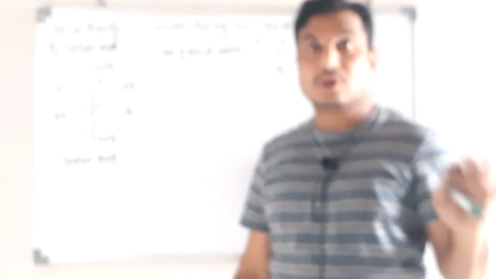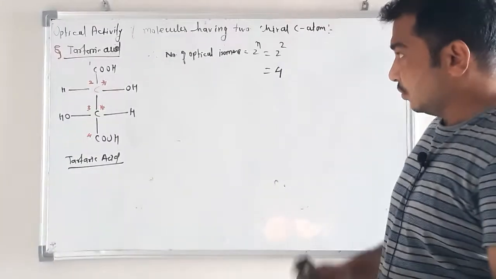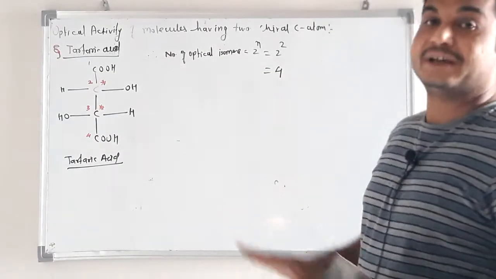So tartaric acid has 4 optical isomers. Now I am going to draw these 4 optical isomers.